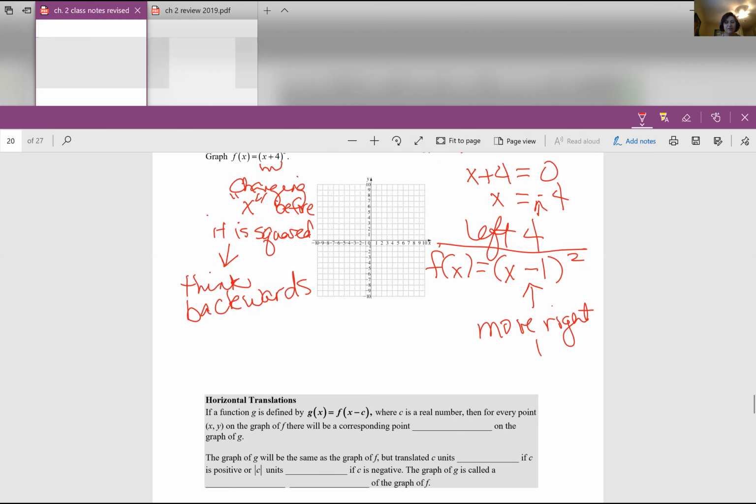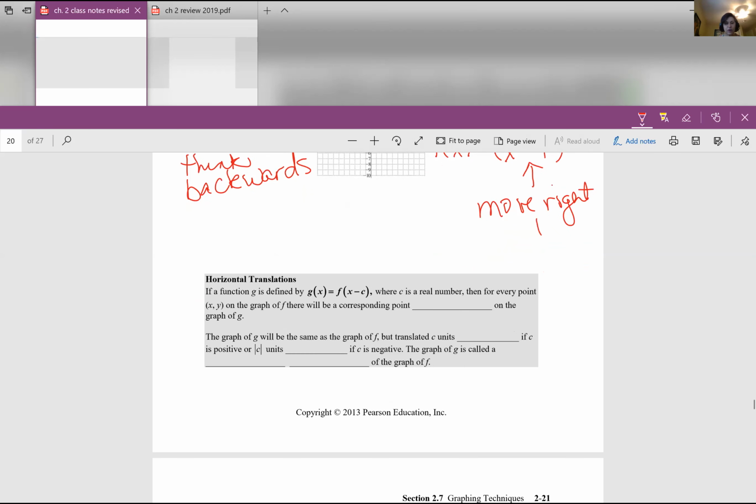So I really don't like the way this thing is worded on horizontal translations. Basically, I'm just going to tell you, think opposite. So if I see, let's say we have f of x equals, and we've got (x + 2) in parentheses squared, this is going to tell us that it moves which way?